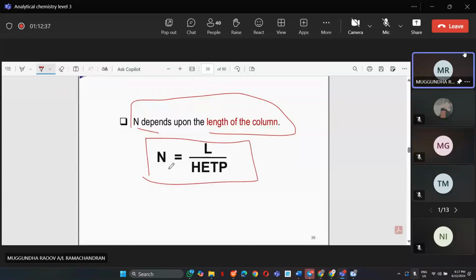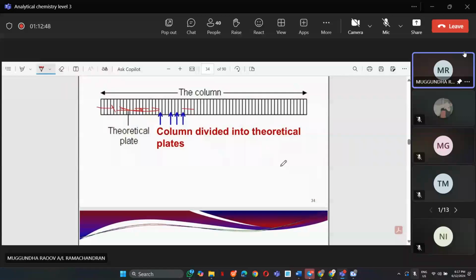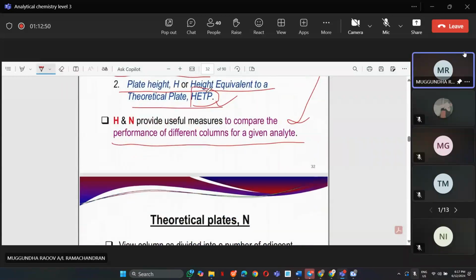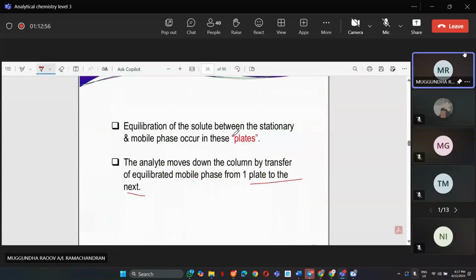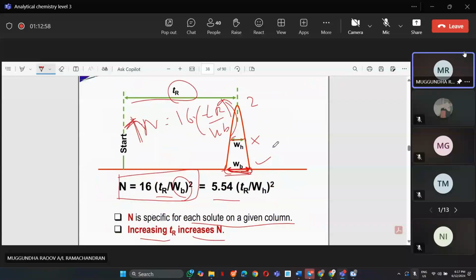Again, N is your theoretical plate number, L is the length of the column, and HETP is the plate height, or height equivalent to the theoretical plate. We should maintain the HETP lower, class.